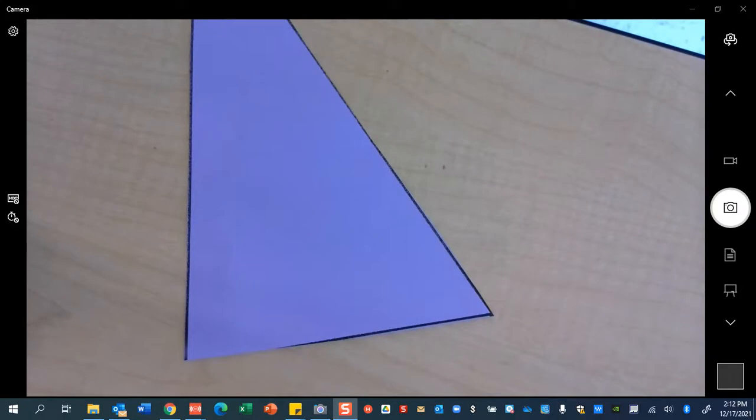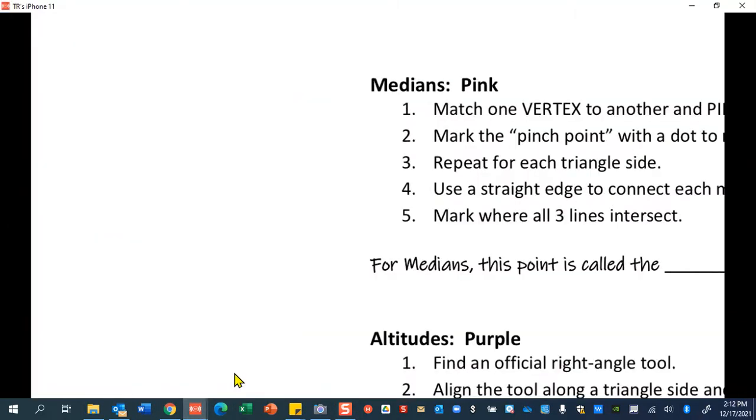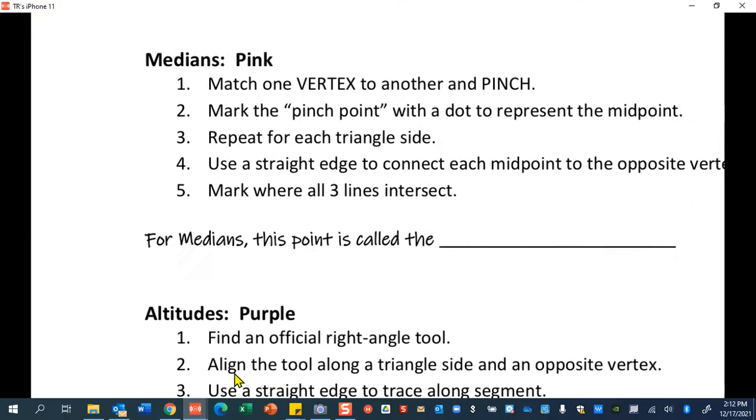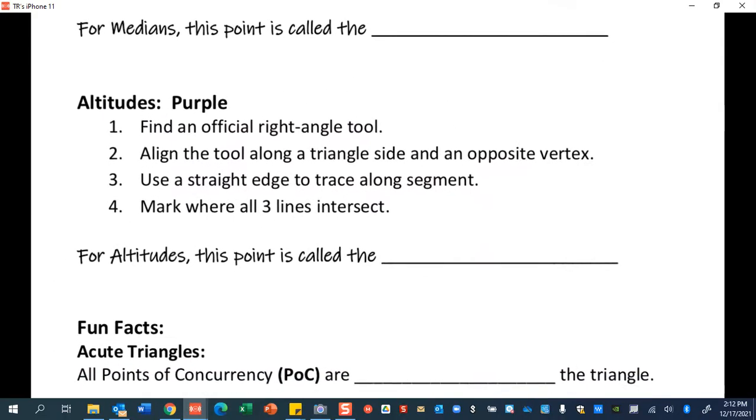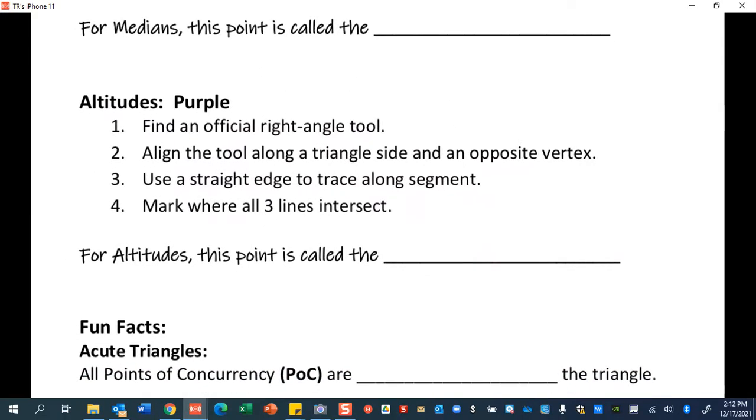Okay, next triangle center, we have our purple triangle. So let's go ahead and move on and talk about our purple triangle. Find an official right angle tool.